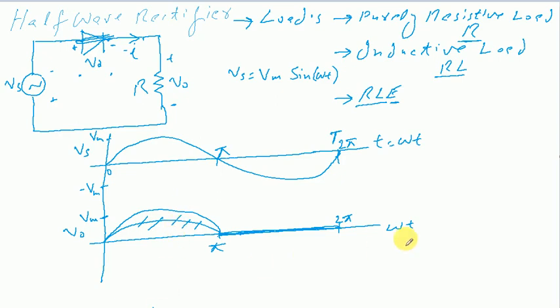Before moving forward and concluding this discussion about the half-wave rectifier waveforms, I would just like to mention that we have had this discussion before as well: the key thing in understanding these circuits is to have a very clear idea about the voltage and current waveforms of each and every component of the circuit.